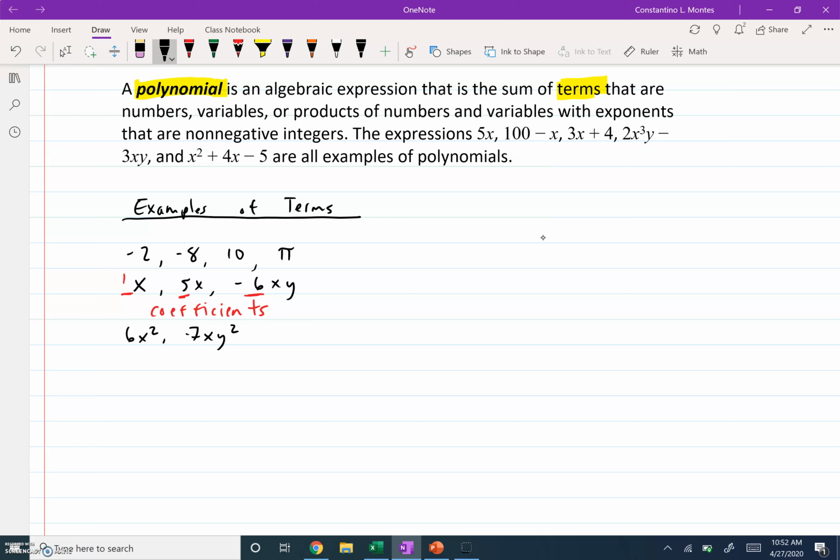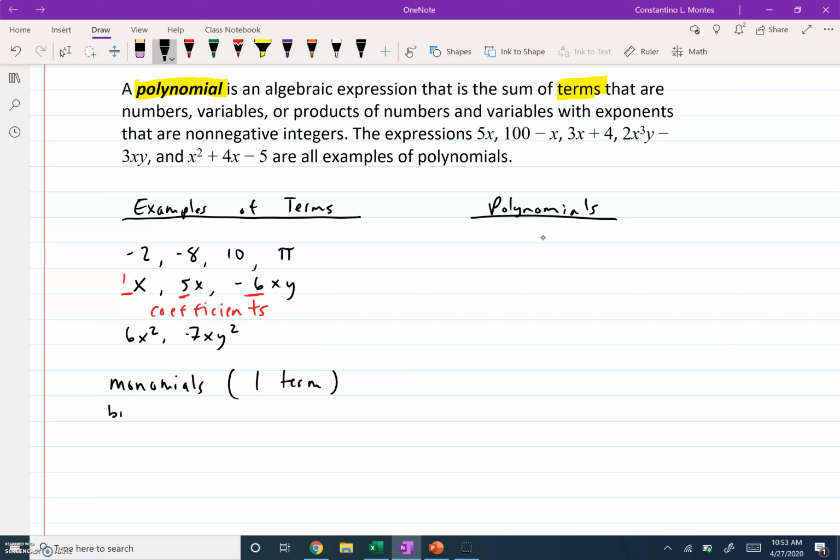Now that we have an idea of what a term is, when we talk about polynomials, we talk about collections of terms. All of these here are considered to be polynomials. We actually call these monomials, and we call them monomials because they have one term. Anything that is just one term is going to be considered a monomial.